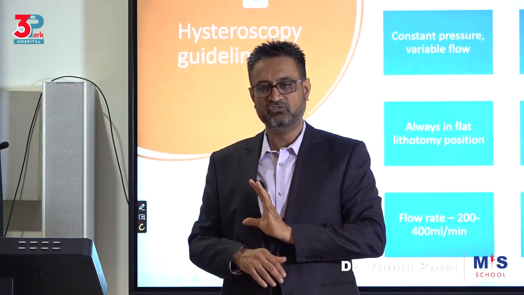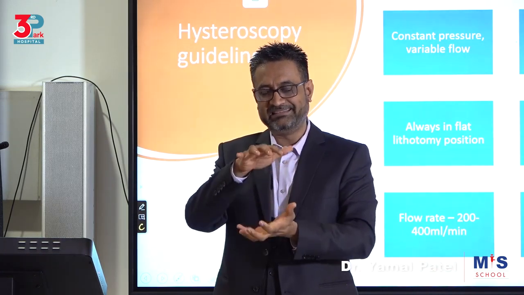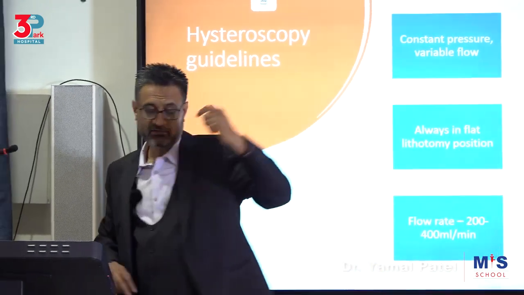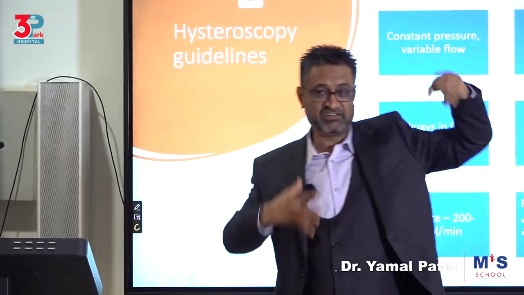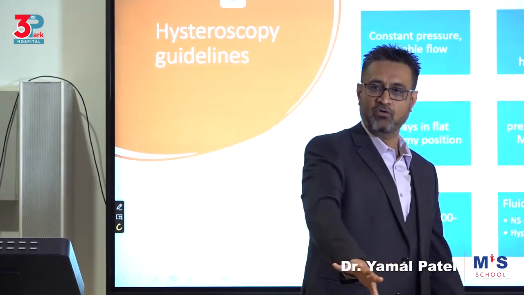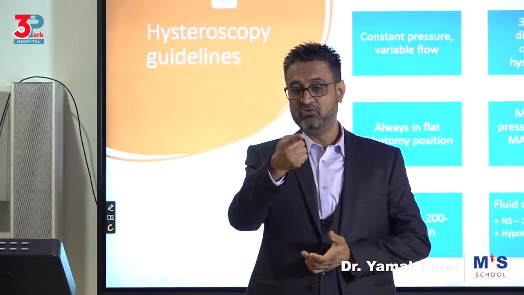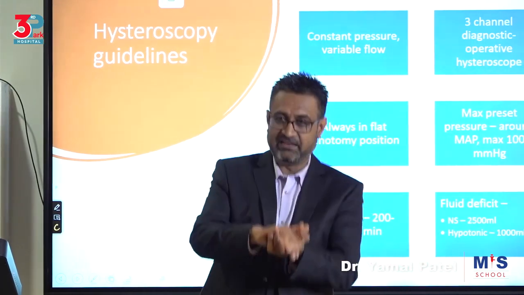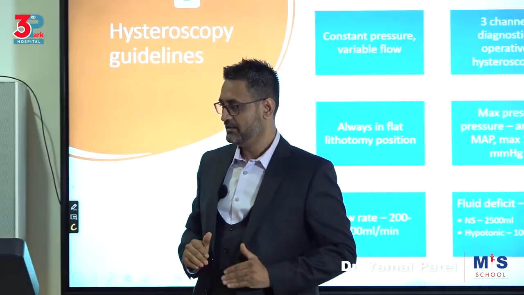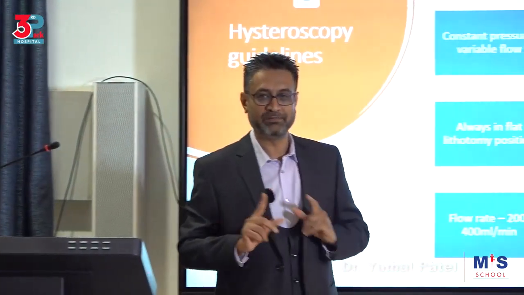So it means you're not going to be able to get a distension the same way you want at all times. The next one is when you put a pressure bag around it and you're pressurizing it. So you're going to get a constant flow but variable distension. Every time you suction out or it leaks out, the cavity collapses, it goes up, and you don't want that. What you want is a constant pressure but variable flow hysteroscopy system.